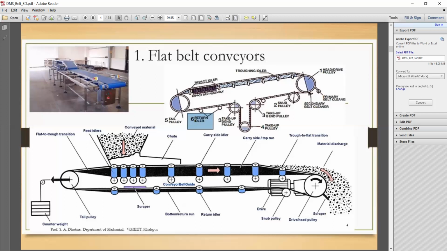One more and most important thing, conveyors can be operated without an operator. Once we set the speed and the material positions, we just start the machine and release it.